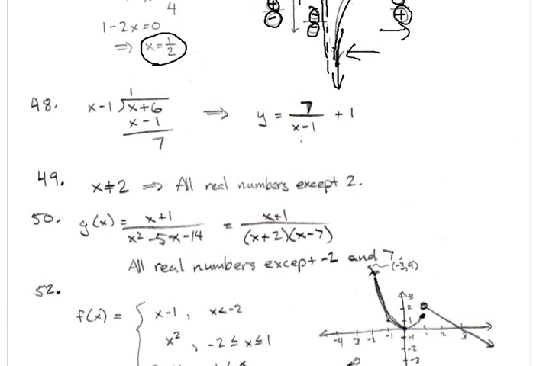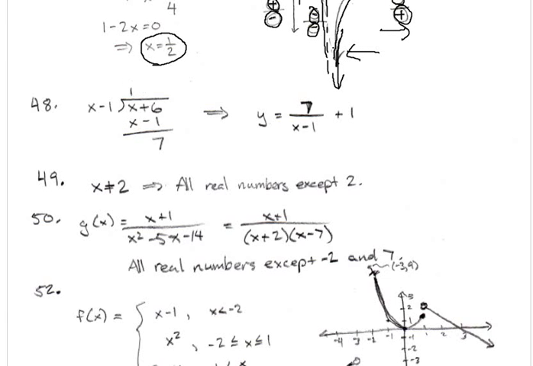All we have to do is use long division of polynomials, where x minus 1 is our denominator and x plus 6 is our numerator. So we throw them into the long division algorithm. 1 times x gives us x.